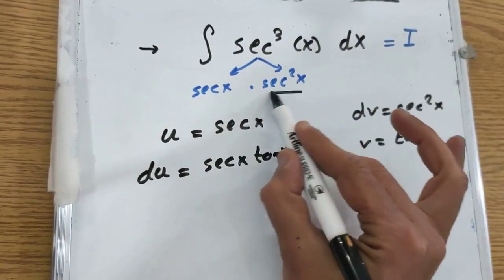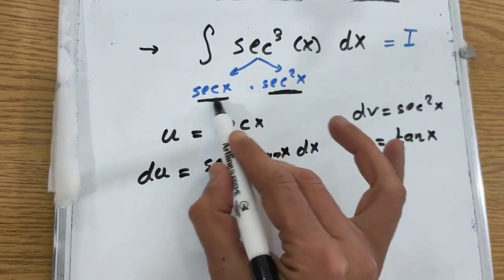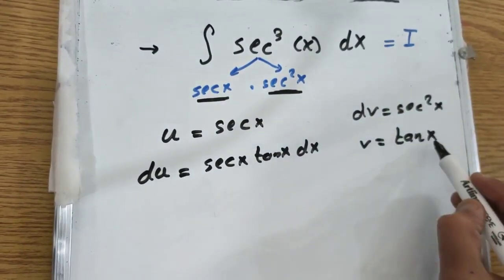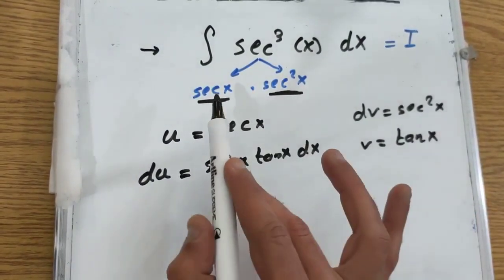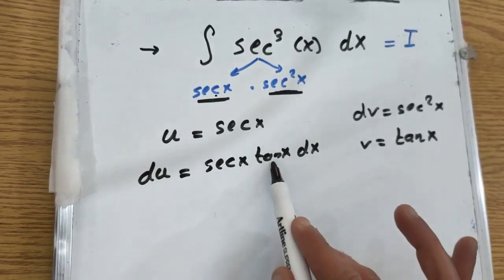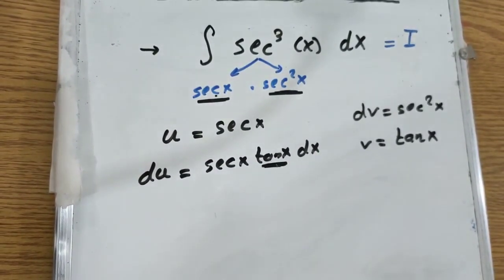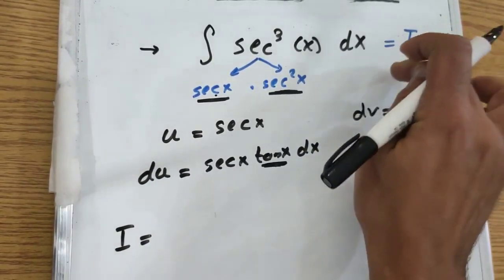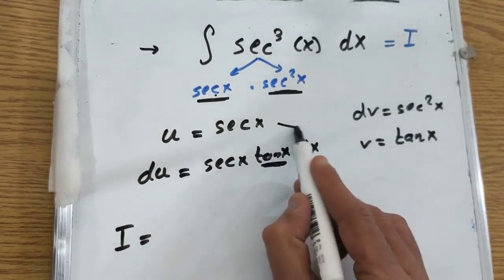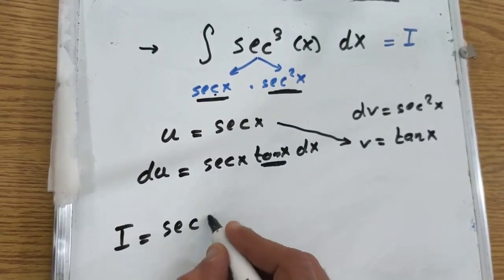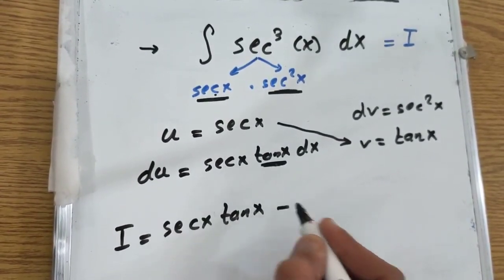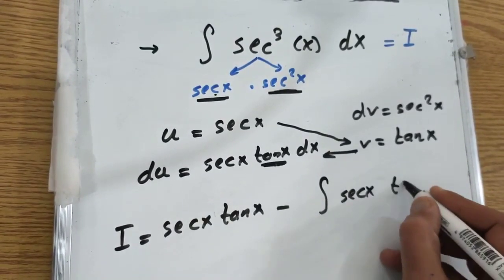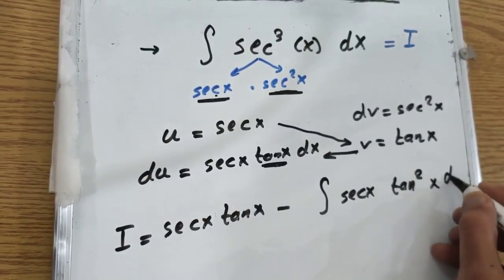Of course, we divide sec cube into sec square and sec, because sec squared can be integrated to tan, and in the derivative of sec we have another tan. When we apply the rule of integration by part, our integration I will be equal to u times v, which is sec x tan x, minus integration v du, which is sec x tan square x.